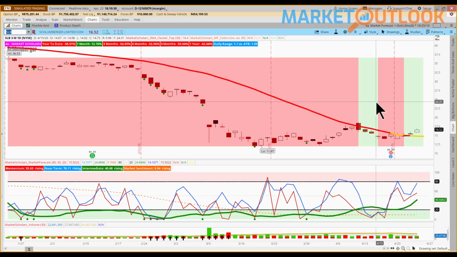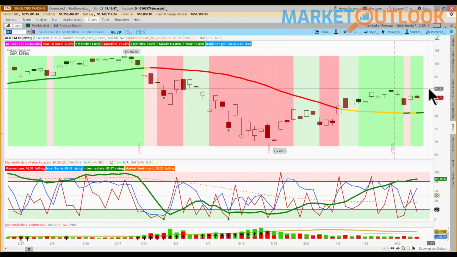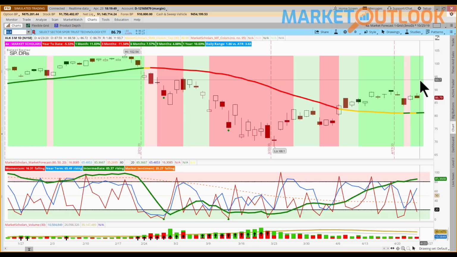All right, so that brings us now into our trade application example. One of the areas that I mentioned before that was still showing some strength was technology. If I wanted to show you technology one more time, well, I've got you here, XLK. Not only does technology have that darker shade background color there, but it also has the green moving average right now as well.